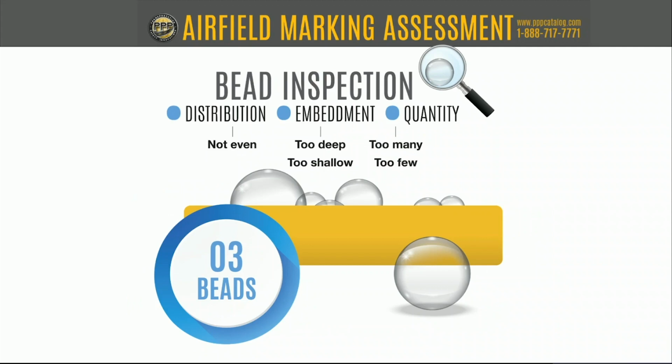Thanks, Greg. Yeah, you hit that last point there. We see a lot of uneven distribution too. Based on some of the average qualities that we look at, across, I don't know, about 7 or 8 years of assessments and looking at tens of thousands of different marking samples, bead embedment and distribution are essentially industry enemy number 1A and 1B.